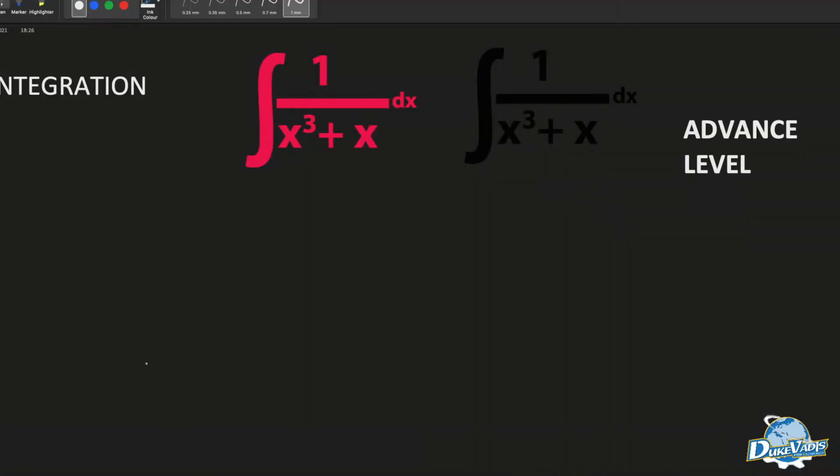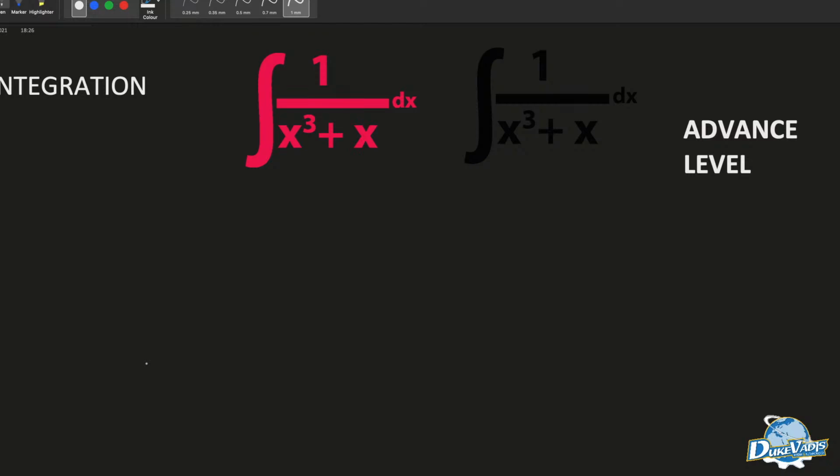Beautiful. So the question we have today is 1 over x cubed plus x. So we have to integrate this. By integrating it, we have a large scale of usage.